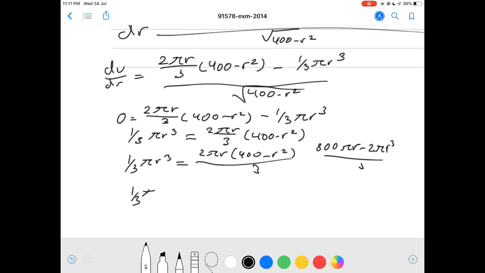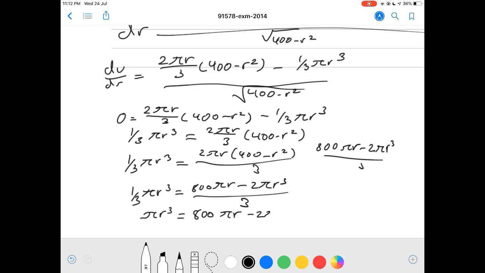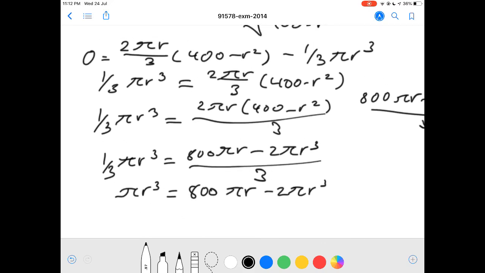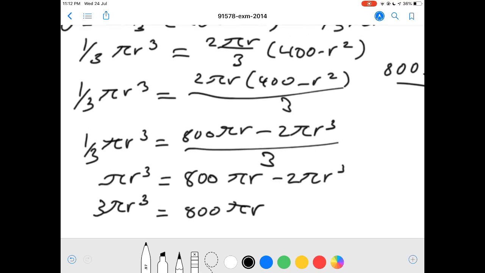So 1/3 of pi r cubed equals 800 pi r minus 2 pi r cubed over 3. You move the 3 to the other side, so pi r cubed equals 800 pi r minus 2 pi r cubed. If I move the 2 pi r cubed to the other side, that becomes 3 pi r cubed equals 800 pi r.